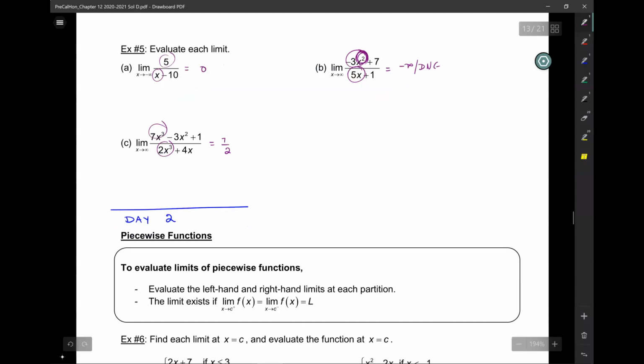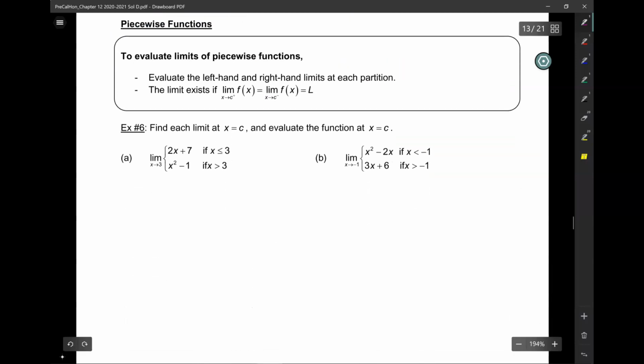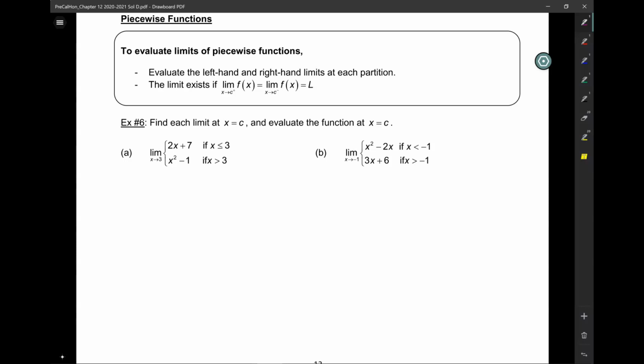Let's talk about piecewise functions. On the homework, number 70 used a graph, which we will go over. But here, to evaluate piecewise functions algebraically, you have to evaluate the left-hand and right-hand limits at each partition.